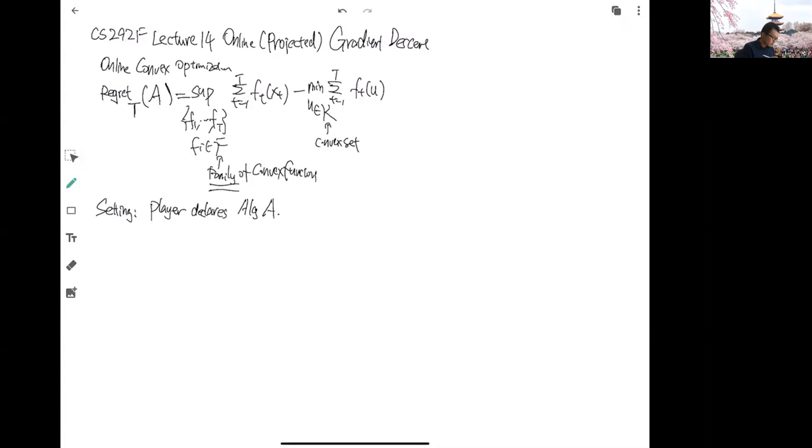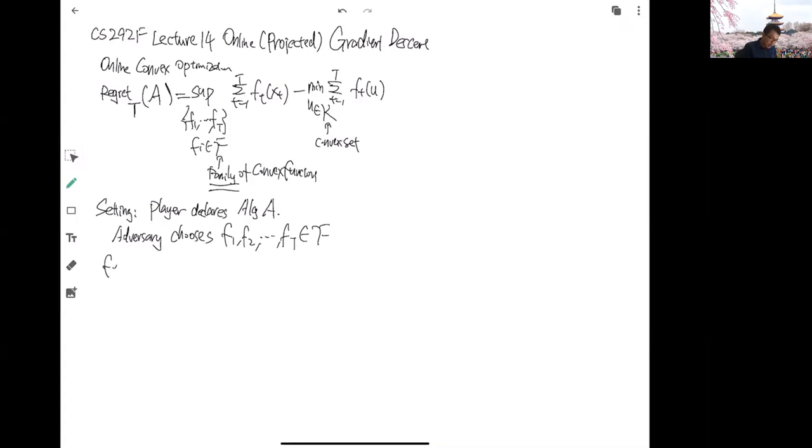Okay, and the adversary, based on this algorithm A, will choose f_1, f_2 to f_T. The adversary will choose a sequence of convex functions from this set F.